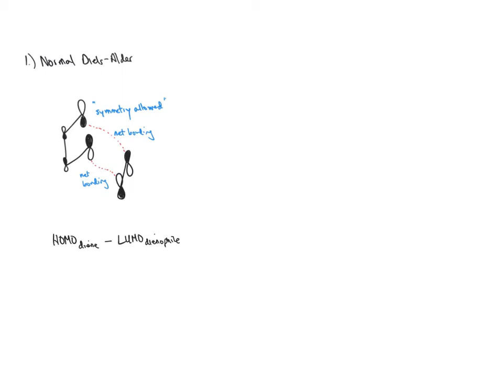Now let's take that same approach and do the other case, which is the inverse electron demand Diels Alder reaction. Okay, so in this case we have the HOMO of the dienophile reacting with the LUMO of the diene.